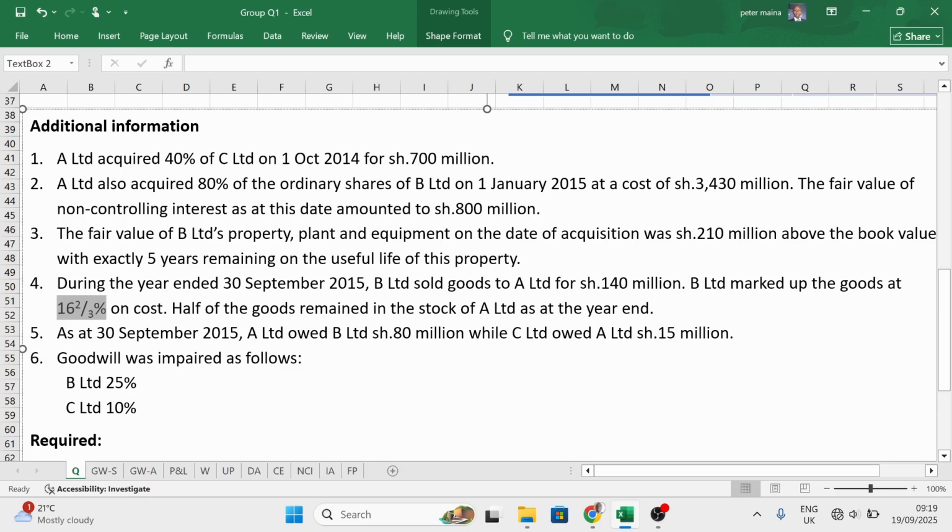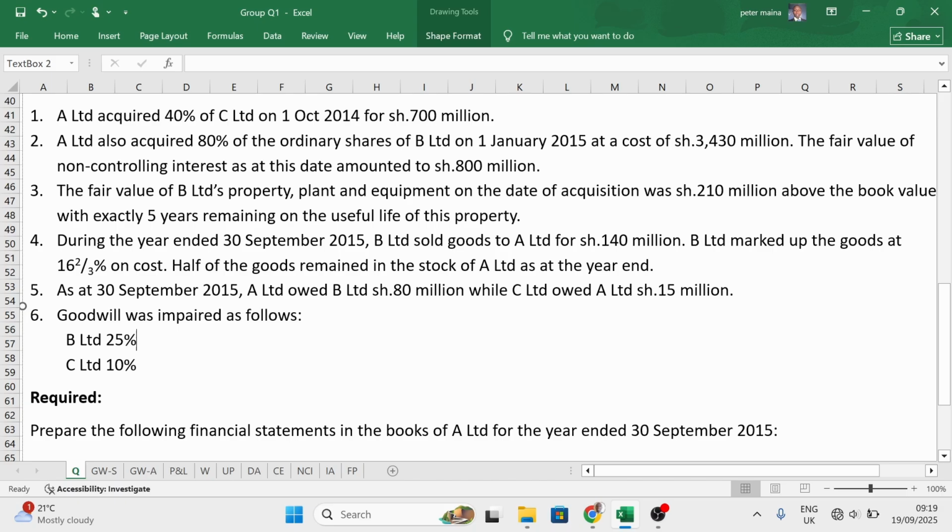So here we are going to calculate unrealized profit based on the goods that were not sold outside the group of companies as at the year end. So you are told that half of the goods remained in the stock, which means the other half was sold to customers. So unrealized profit will be calculated on the goods that were still in the inventory as at the year end.